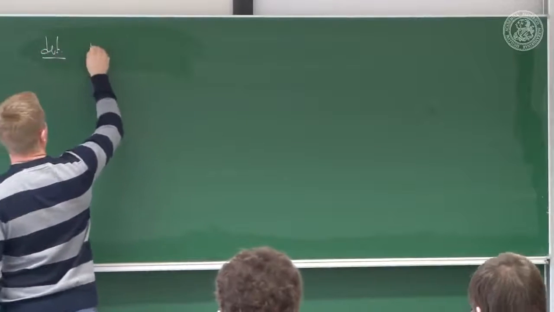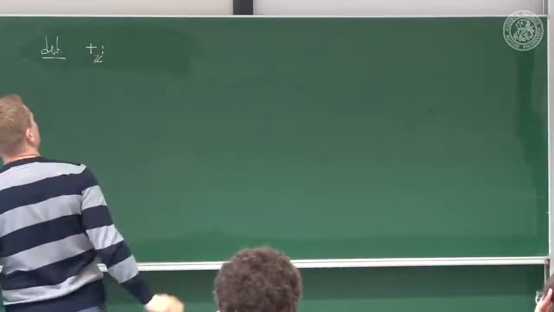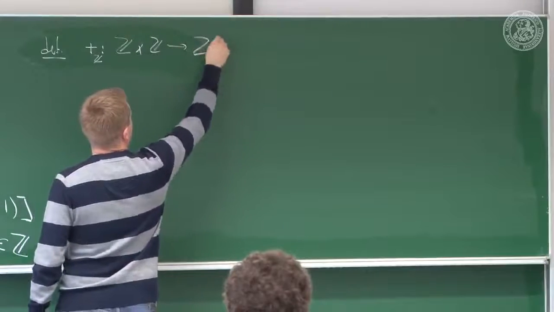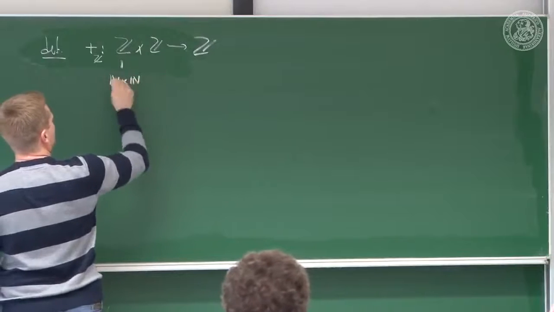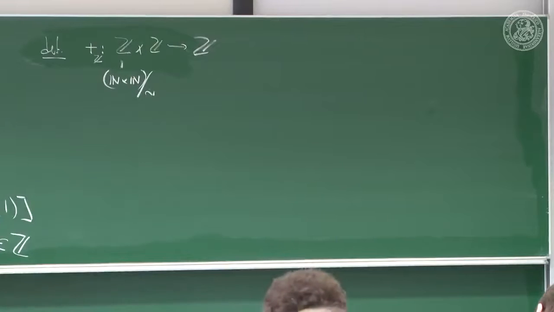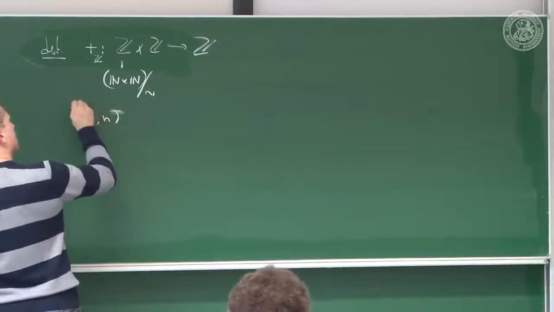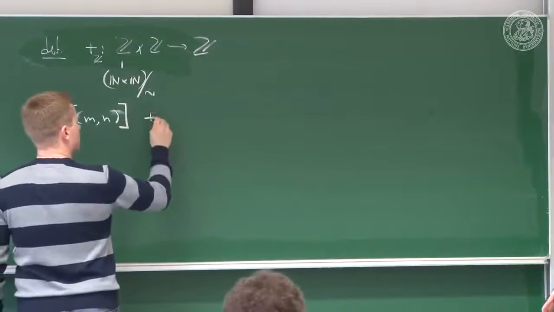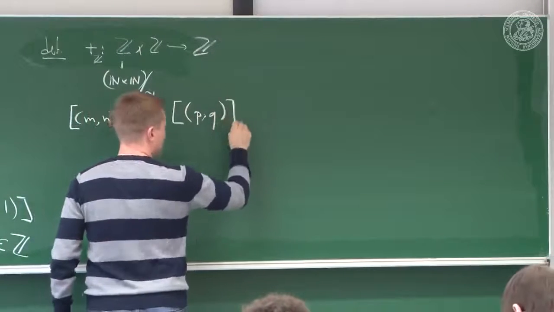So definition: we want the plus on Z, that is, plus_Z from Z cross Z to Z, but we know that Z is N cross N, the Cartesian product, modulo twiddle and so on. So what we actually have to write down is [(m, n)], the equivalence class of this, because that's an element of Z, then plus_Z, the equivalence class of (p, q).